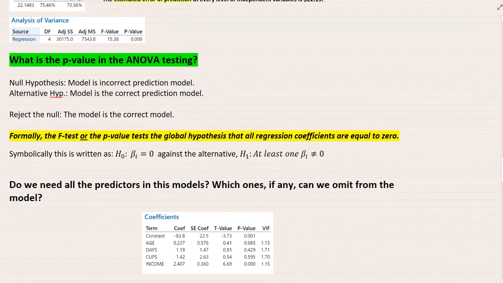So again, recalling something we've seen earlier, remember the high p-values, we do not need them. We're using alpha 0.5 as our guide here. Anything larger than 0.5 we discard. So you don't need age, days, or cups. You only need income to make a good prediction.